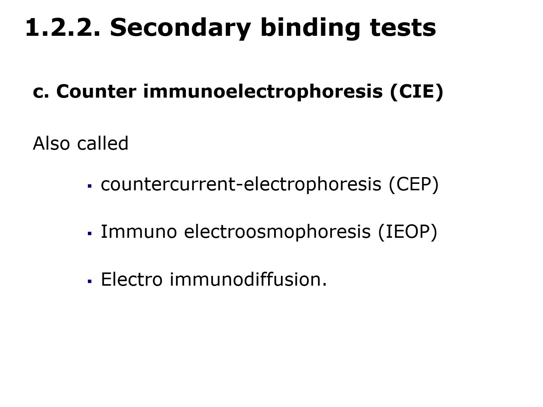Okay, so next one is counter-immunoelectrophoresis. In this case, because antigens and antibodies are both protein in nature or glycoprotein in nature, it is possible to apply electricity and they will migrate.